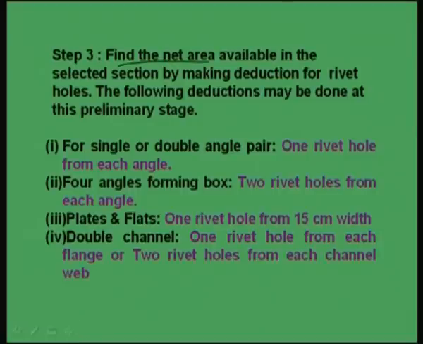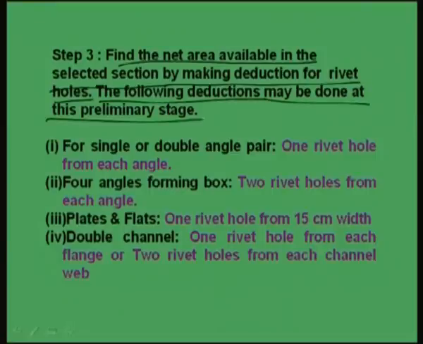So, find the net area available in the selected section by making deduction for rivet holes, okay, and the following deductions may be done at this preliminary stage.